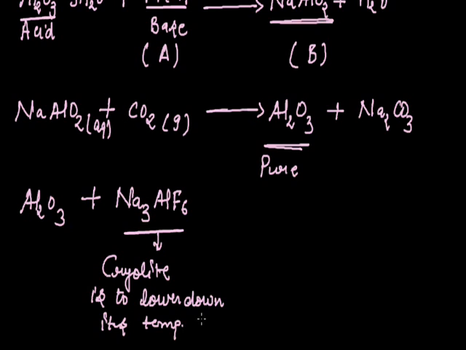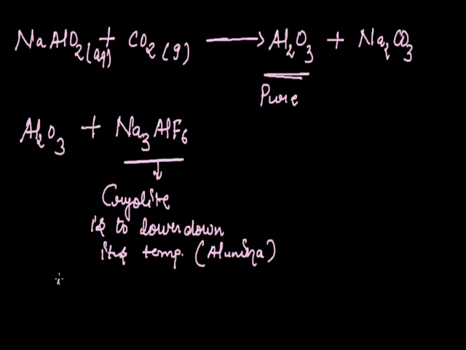That means the temperature of alumina rises, and further the electrolysis of the aluminium oxide takes place.